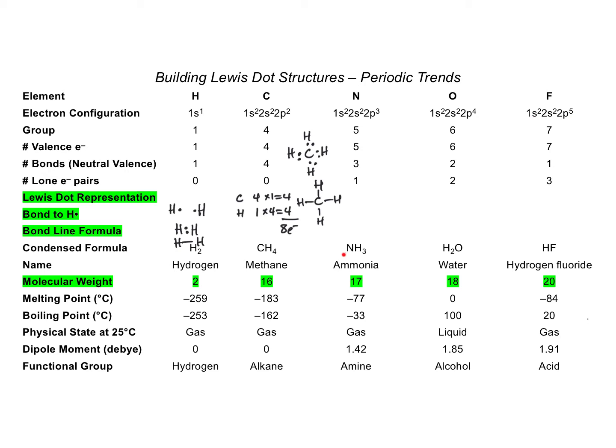So let's go ahead and look at ammonia. We'll do the same sort of counting routine. We have a nitrogen, we have hydrogens. We see that from the electron configuration of nitrogen, we have 5 valence electrons, 2 plus 3. Hydrogen we know supplies 1. We have 1 nitrogen, that's 5. We have 3 hydrogens, that's 3.